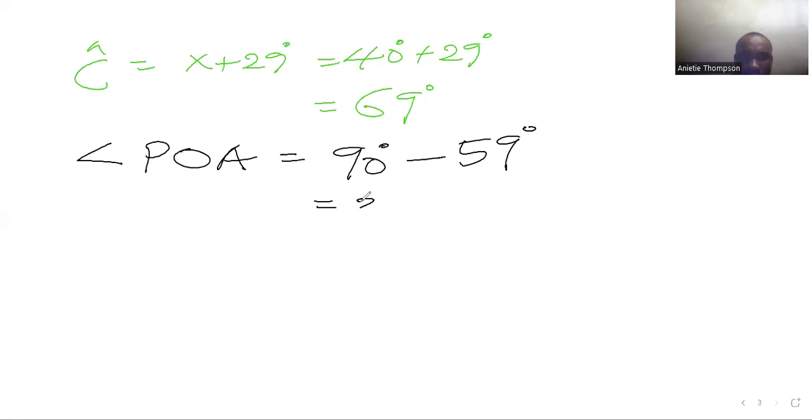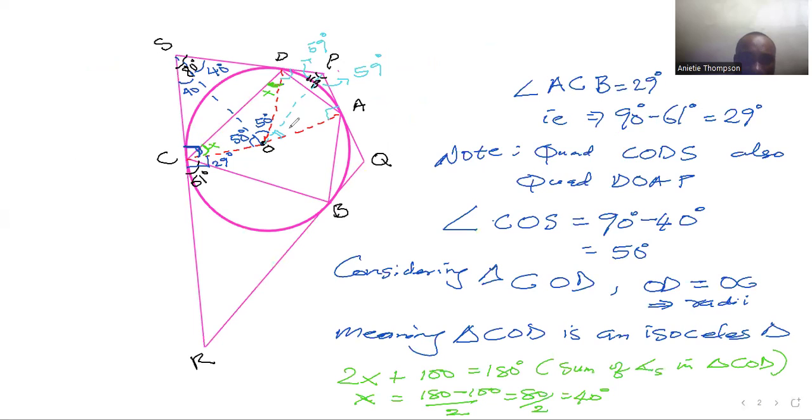And that equals 31 degrees. Making us know that here is 31 and here must be 31 as well. So making that angle ODC equal to 62.